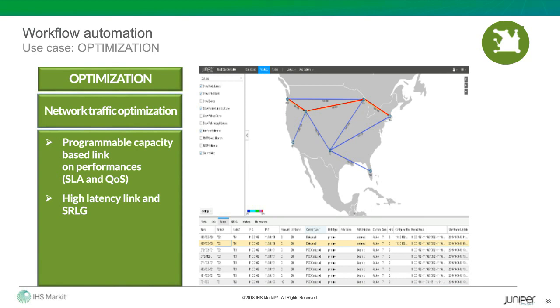As an example, you can predict where the high latency links are and apply this policy, or where you share link groups and apply protection policy to traffic that needs to have priority and so forth.